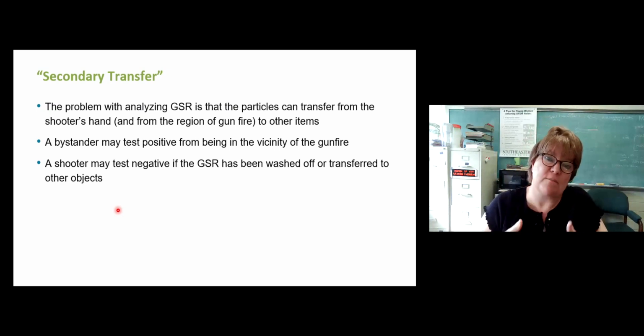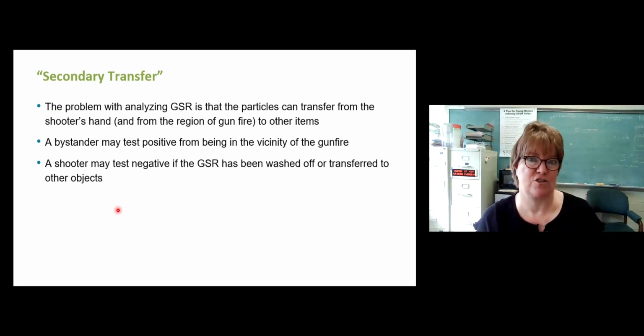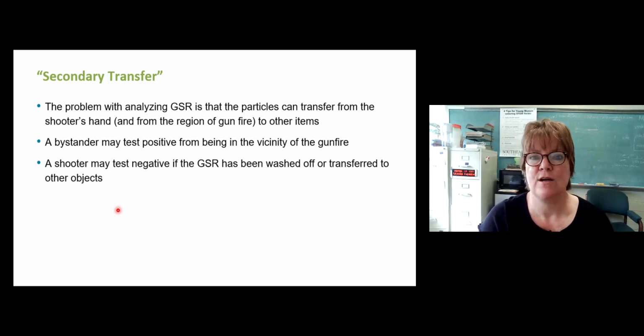But if there was somebody standing nearby the shooter, they might just test positive from being in the vicinity of the gunfire. Also, if I washed my hands, then I won't test positive for gunshot residue, even though I did shoot the gun. Furthermore, there are some things just in nature that are very similar to gunshot residue, and so sometimes it's just not a very specific test.